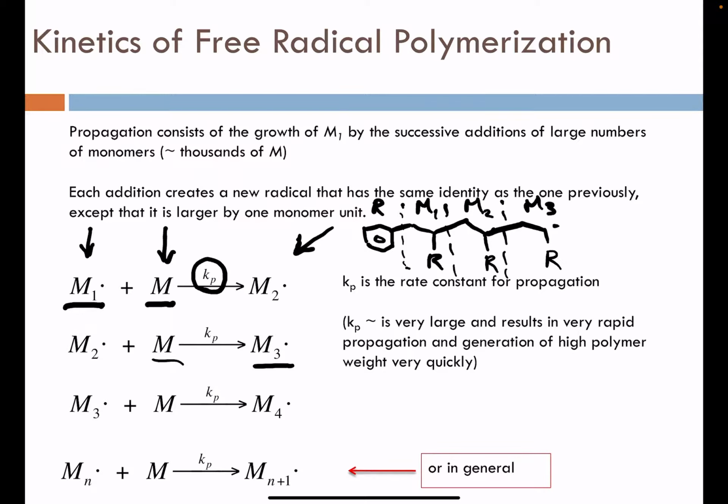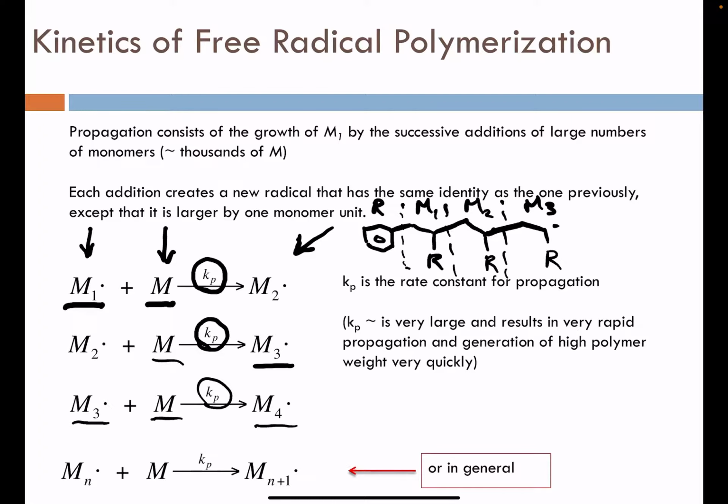Okay, again, unidirectional growth, and we're going to see the same rate constant fits there nicely. And likewise, if that trimer with the radical can add yet another monomer, we'll extend the chain to M4, same rate constant.